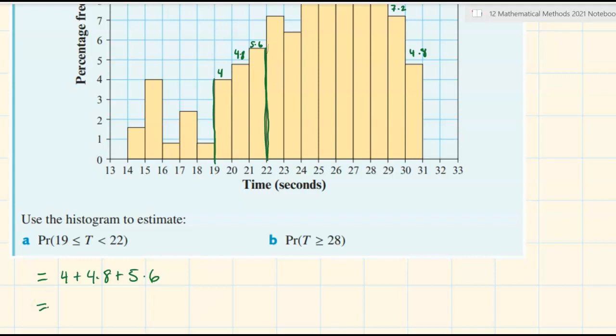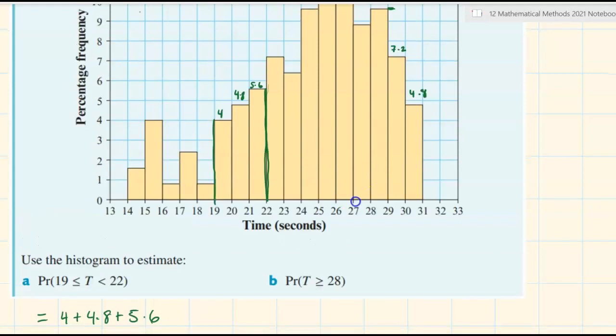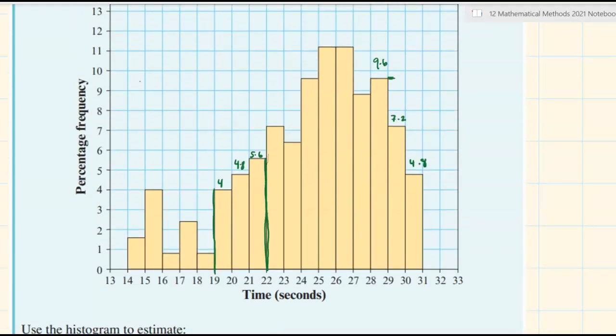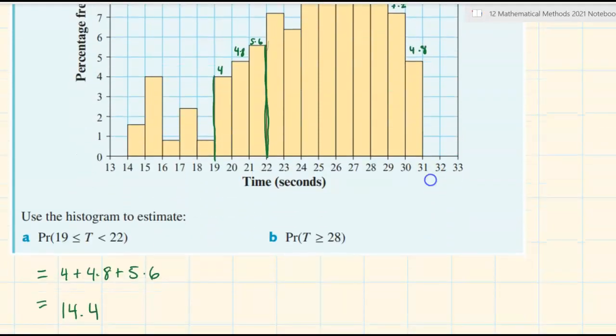So what do we get when we add those up? 14.4. And if you're thinking, hang on a sec, that's probability. Why is my probability larger than 1? Just have a quick look at the context. It's a percent. It says the percentage of frequency. So 14.4%.